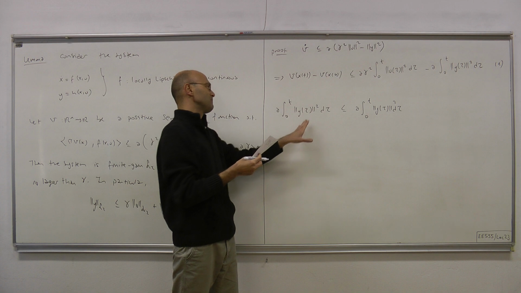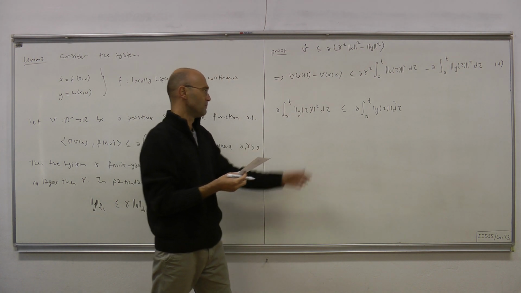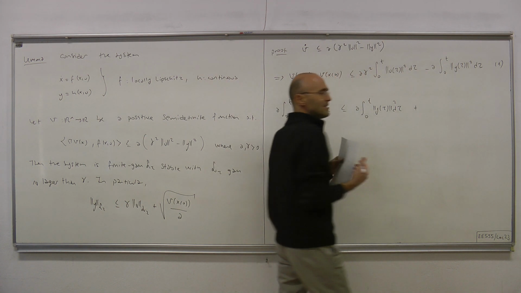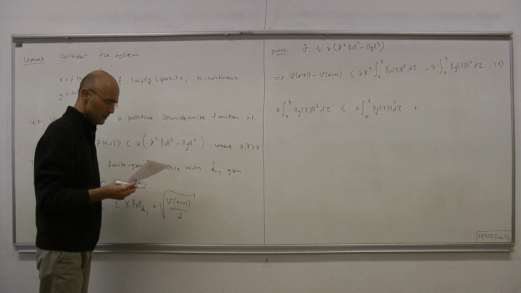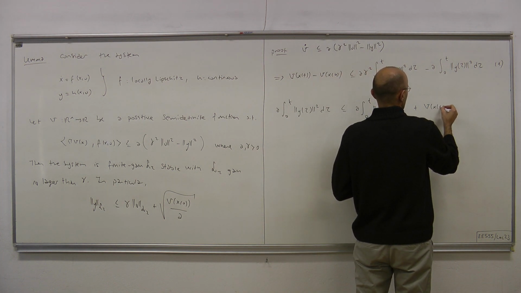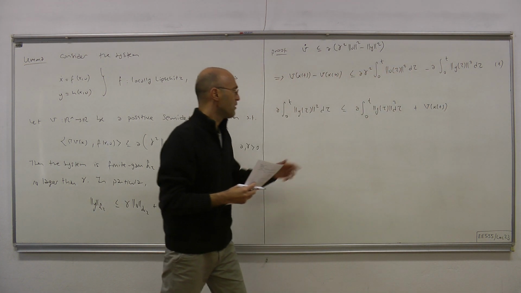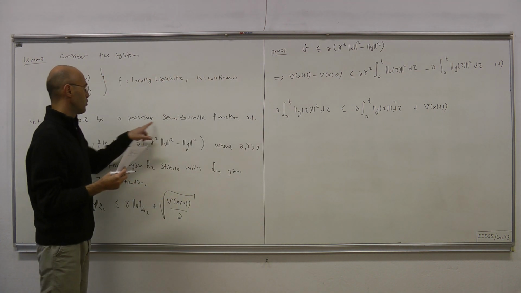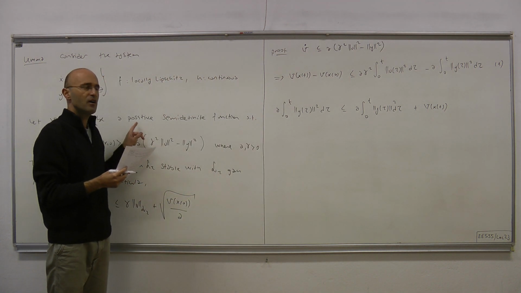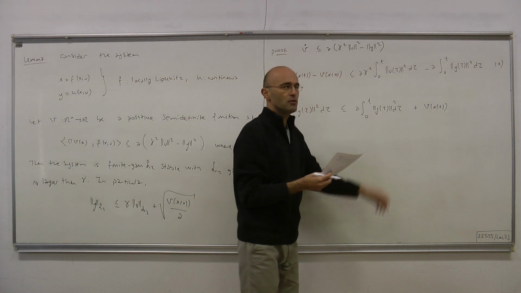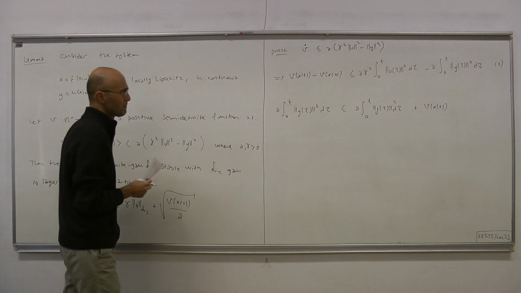Clearly, since both are equal, this thing is less than or equal to itself plus, we can add a non-negative term to it, and our non-negative term that we want to add is V of x of t. We can do that without hurting this inequality, because we were told that V is a positive semi-definite function. Therefore, it's never negative. Hence, we can add it to the right-hand side of the inequality.